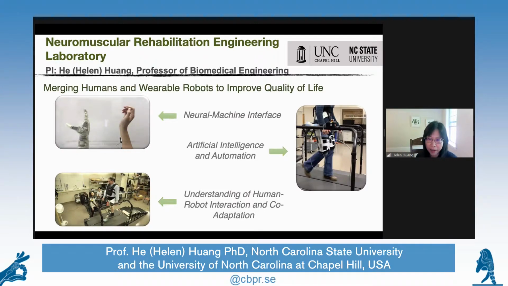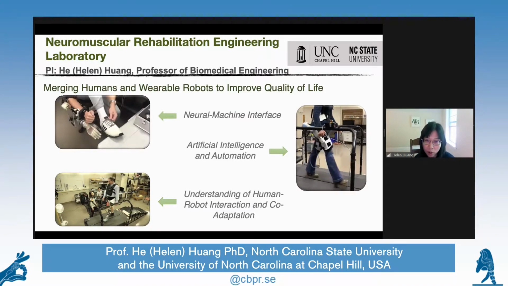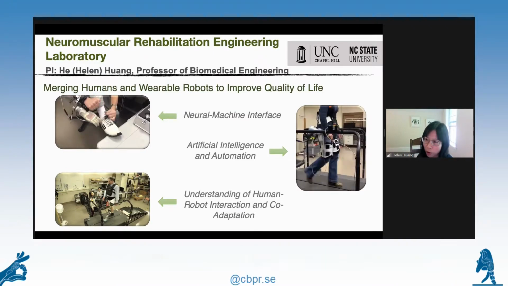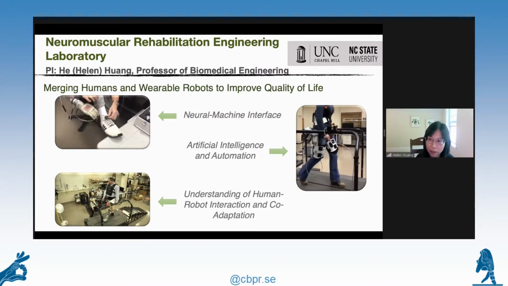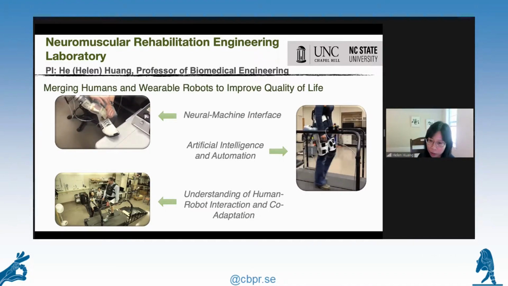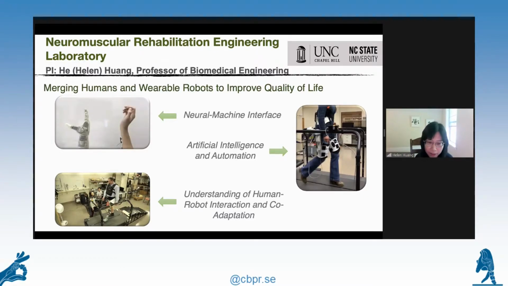You might be aware of some of my work related to decoding neural machine interfaces to control prosthetic arms and legs. I also work a lot on artificial intelligence and automation for controlling prosthetics and exoskeletons, including my recent work using reinforcement learning for tuning multiple prosthesis component controls to personalize the device.